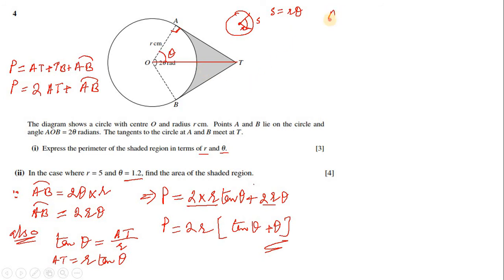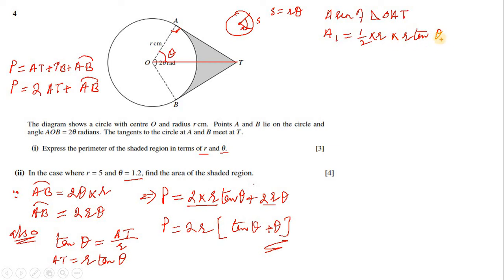So area of right triangle OAT. You can say that this is called area A1, I'm calling it. So half of base into height. So base is R and height is AT. You can see that R into R tangent theta.